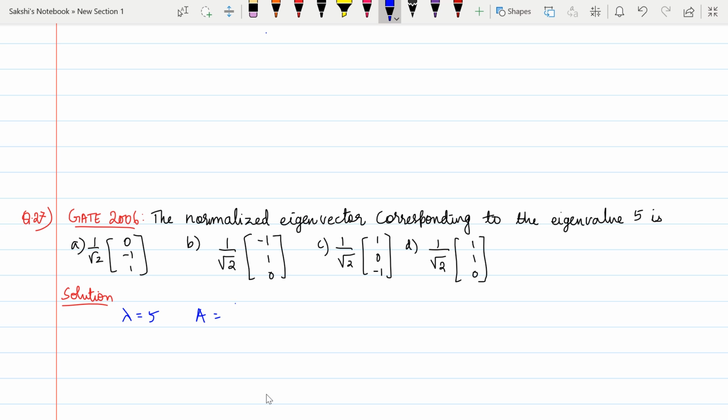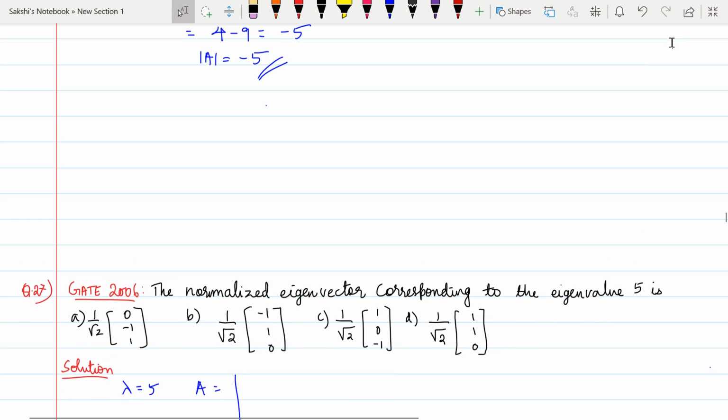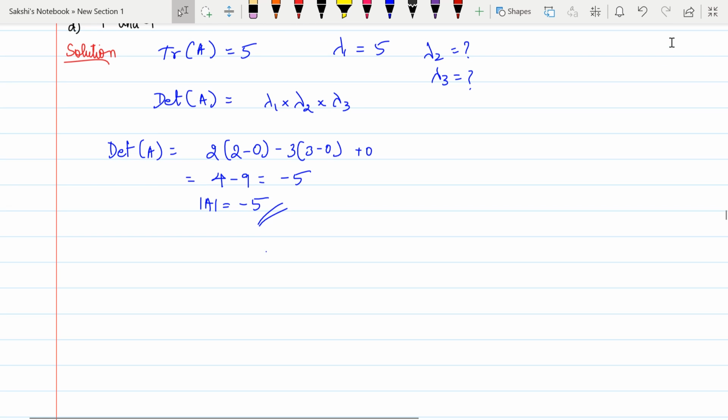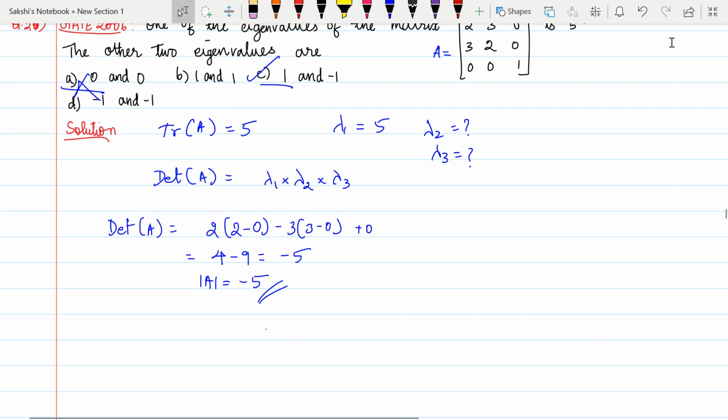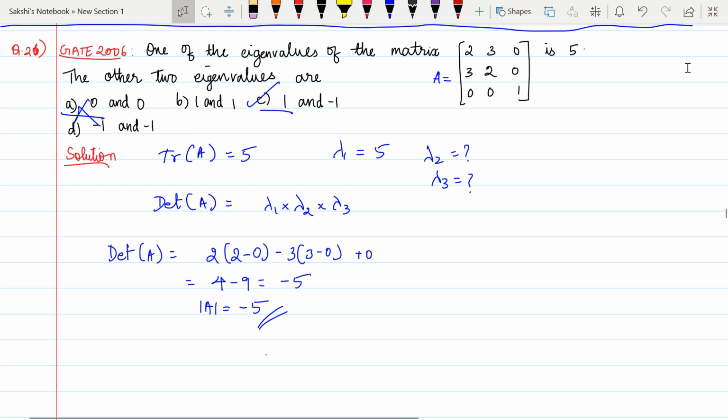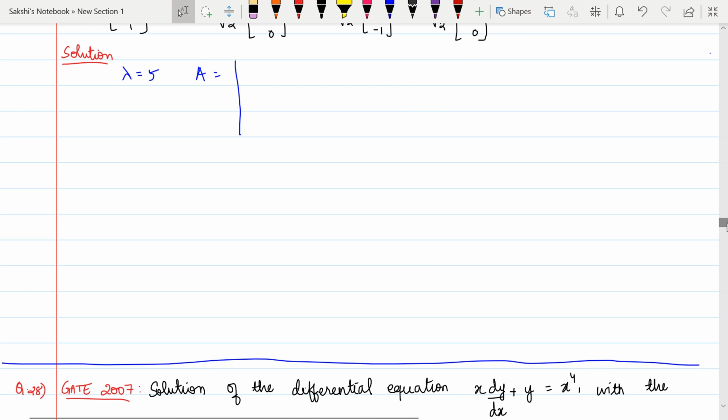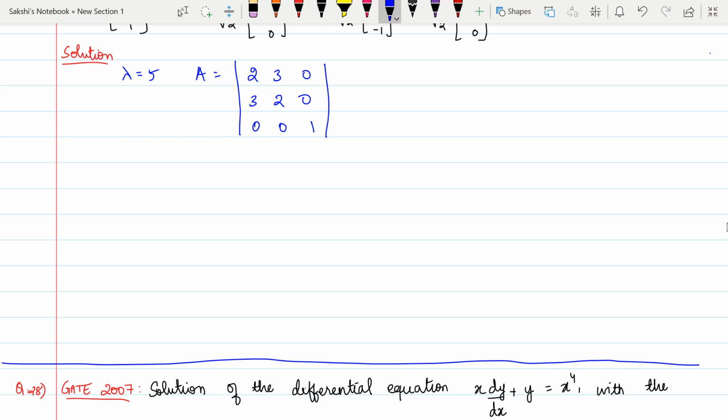Let me write the matrix over here: 2 3 0, 3 2 0, 0 0 1. So this is our matrix.